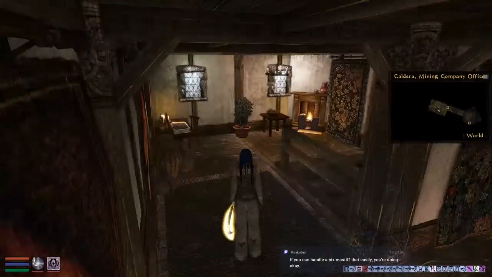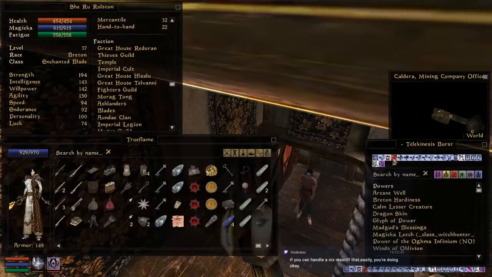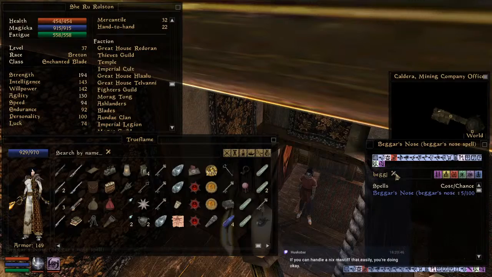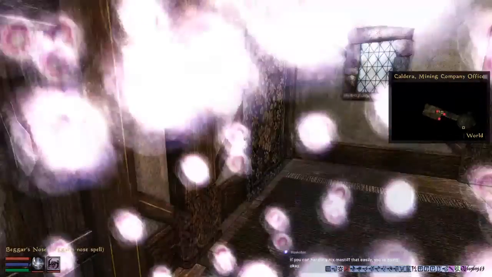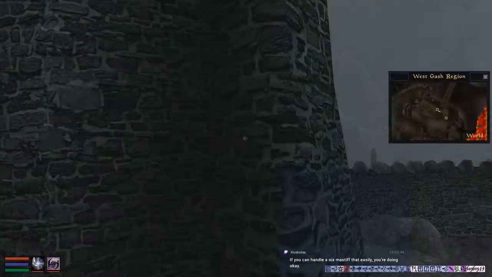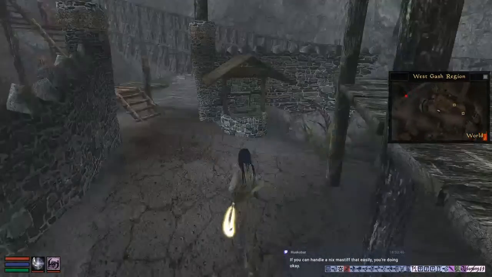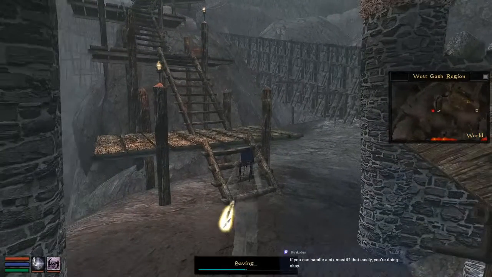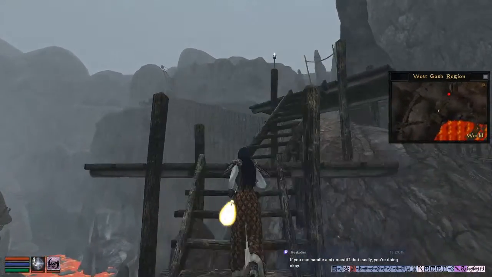I don't know, I'm really sort of in doubt here because we have a nice spell which should detect the key, but we cannot. This way.